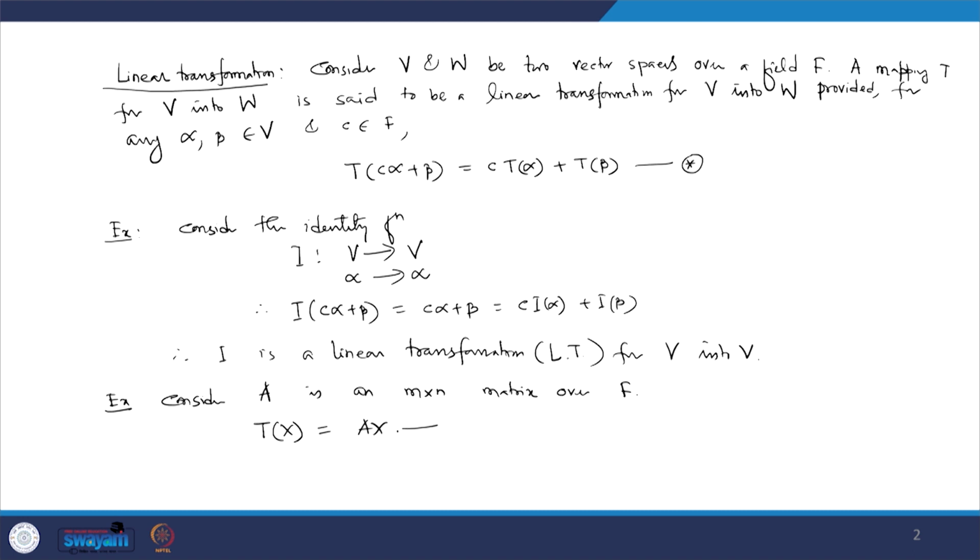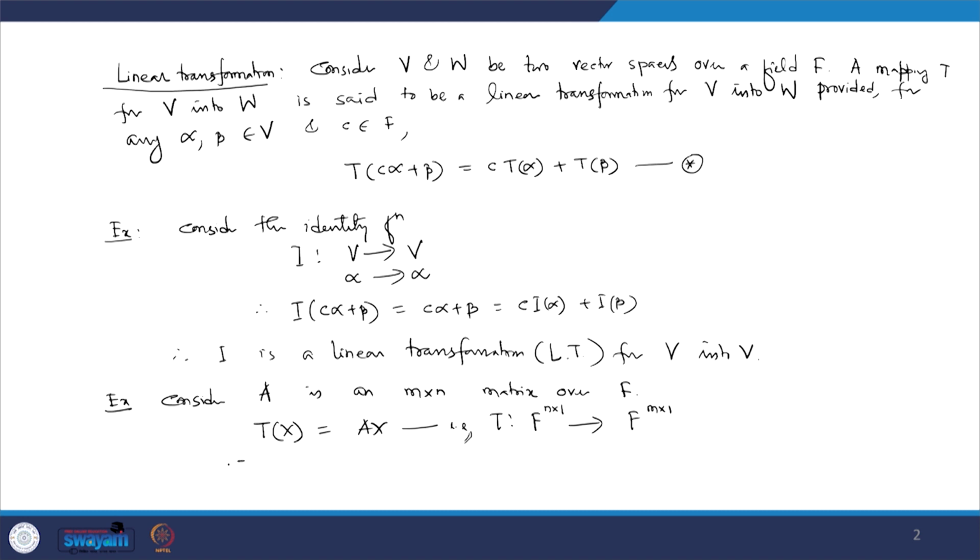So I am defining function T, which is a function from F n cross 1 to F m cross 1, defined by T of x equal to Ax.